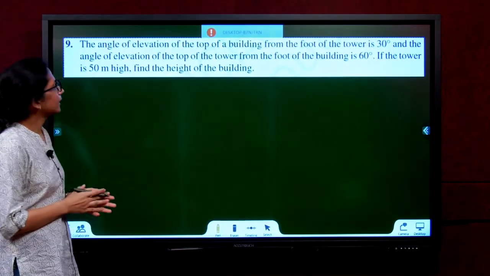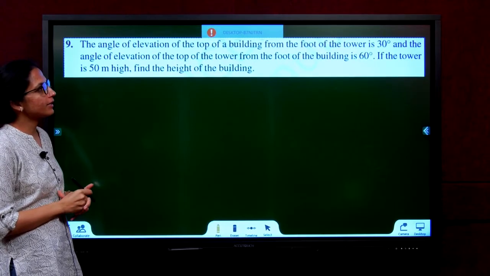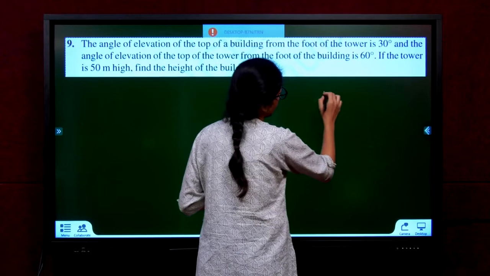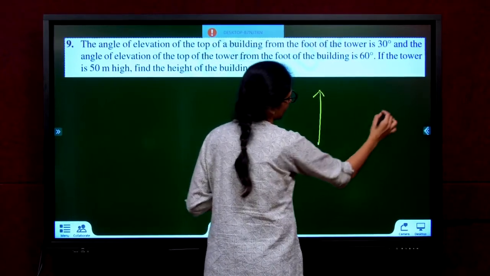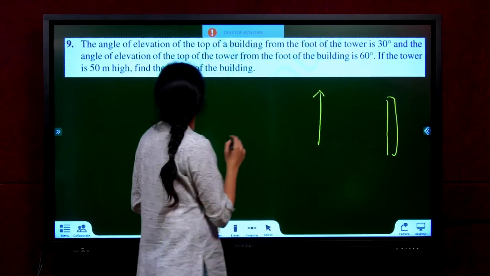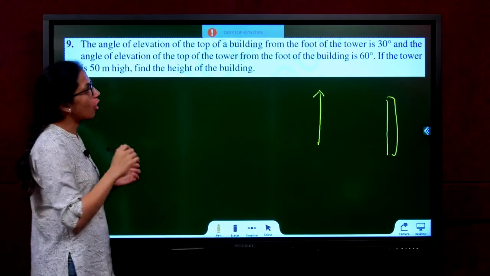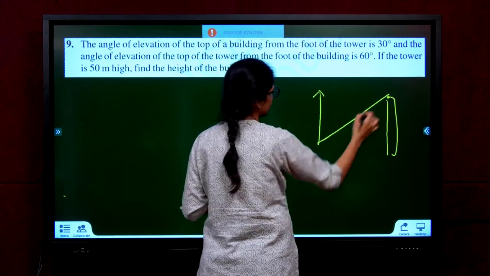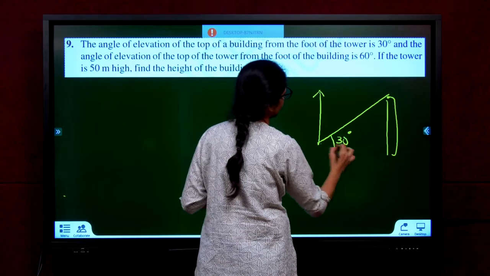Question 9. The angle of elevation of the top of a building from the foot of a tower is 30 degree. There's a tower here and there's a building here. The angle of elevation of the top of a building from the foot of the tower is 30 degree.